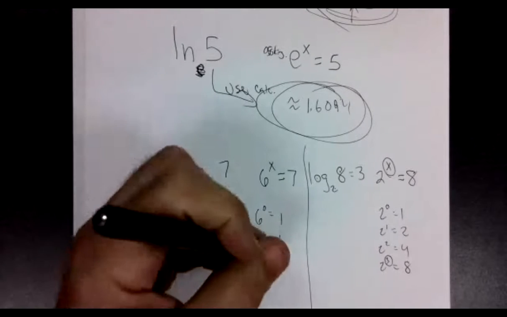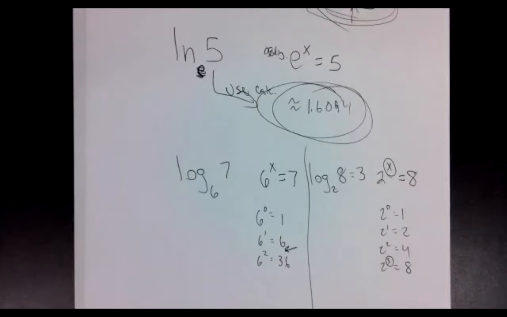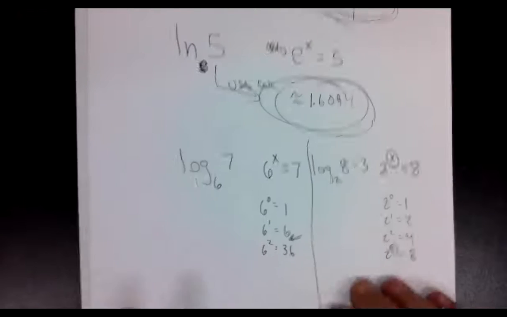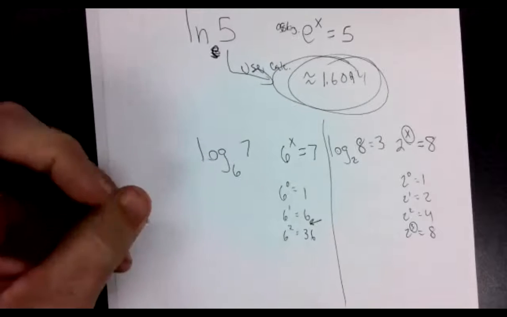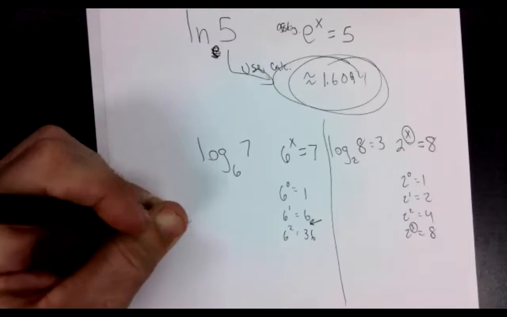It's none of those. So it's got to fall somewhere between 1 and 2. And at that point, you're having to do a bunch of guess and check, and you've got to try decimals. And if you got to go to 4 decimal places, oh dear goodness. Okay, that's no fun, right? So we have a method for this. With this, we're going to use what's called the change of base formula.